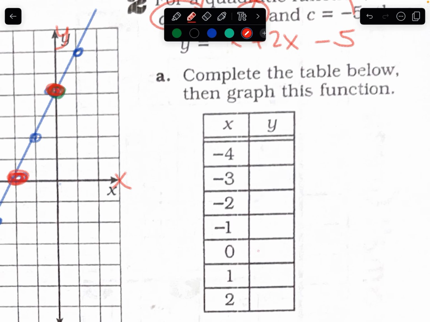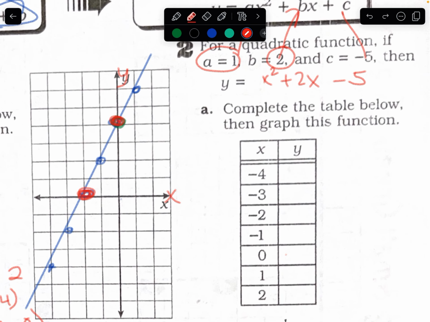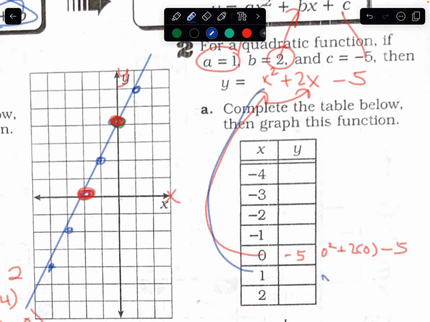I'm going to work with positive numbers. If I put 0 into x, all this here is 0. So I have 0 squared plus 2 times 0 plus minus 5 is a negative 5. Okay, I need to see this work, not answers only. And then I put in 1, so 1 squared plus 2 times 1 minus 5, that's 3 minus 5 is negative 2.